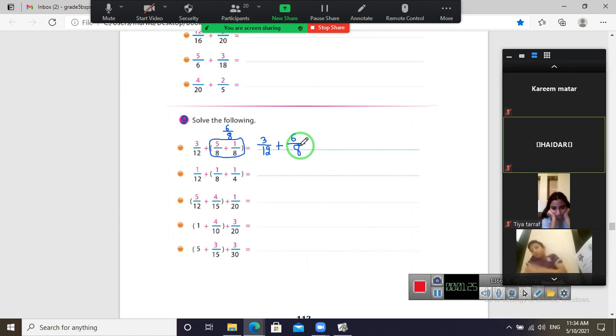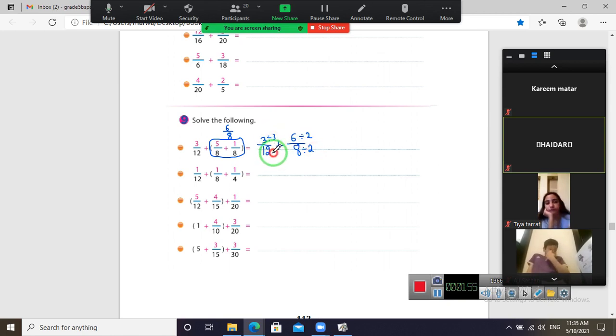Now, if I want to make the addition, I want to think more than I was thinking before. Before, we had denominators 12 and 8 and we got the LCM. Here, if I can simplify the fraction, I will simplify it. For example, 6 divided by 2, and this one divided by 3.